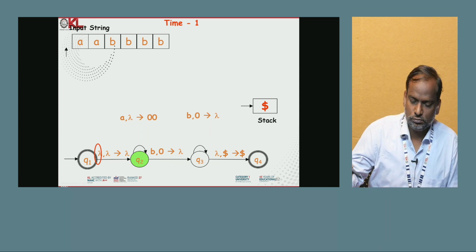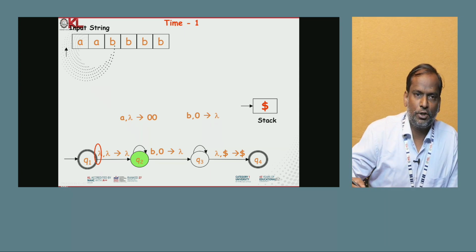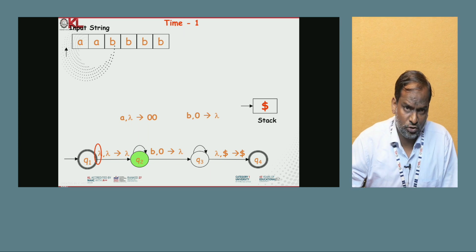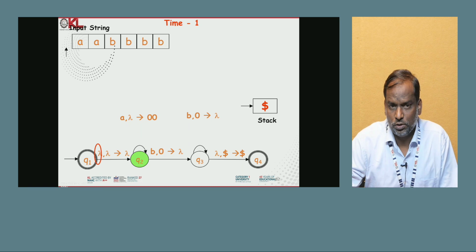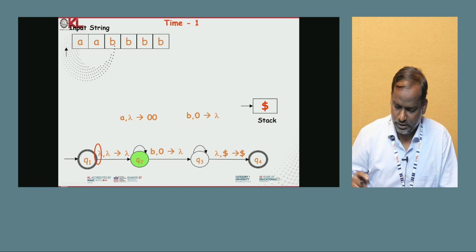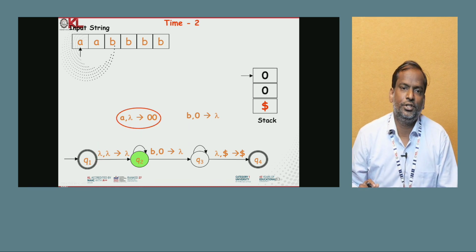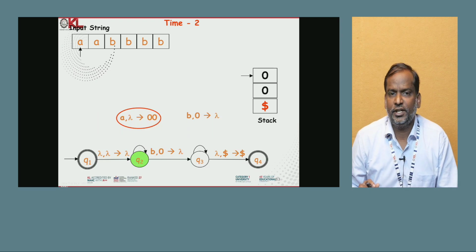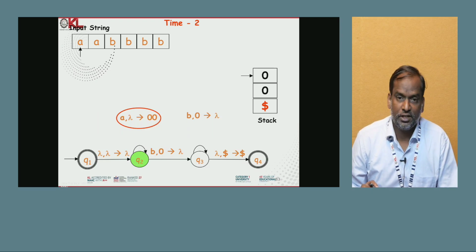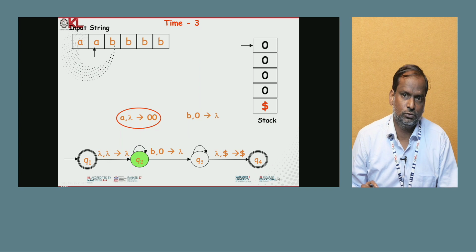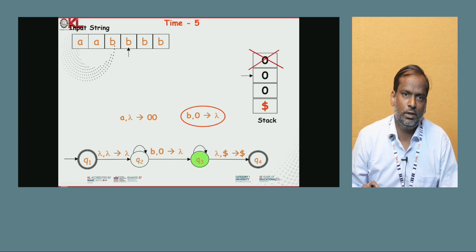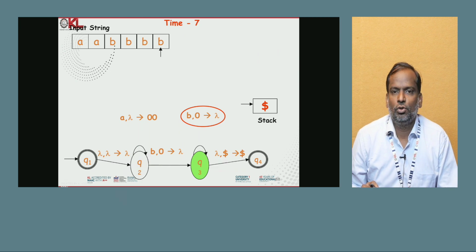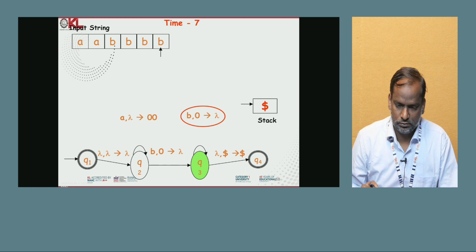I am taking 2 A's followed by 4 B's. If I read A, I have to push 0 0 into the stack. Again read A, 0 0 into the stack. If you read B, pop 0, read B, pop 0, read B, pop 0, read B, pop 0. So like that we can design pushdown automata.